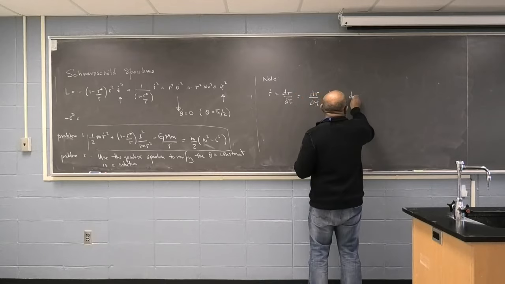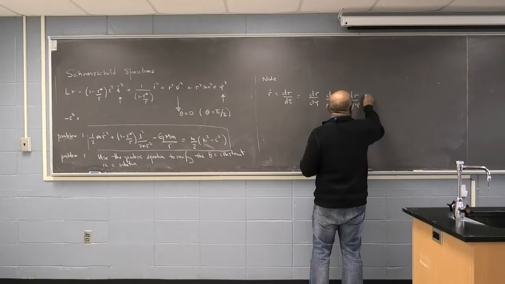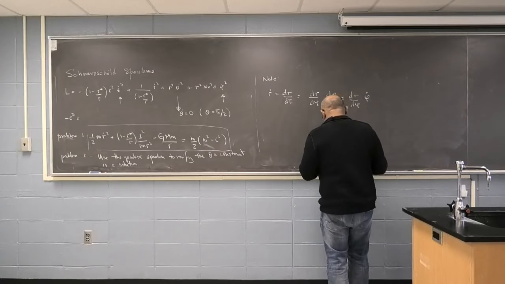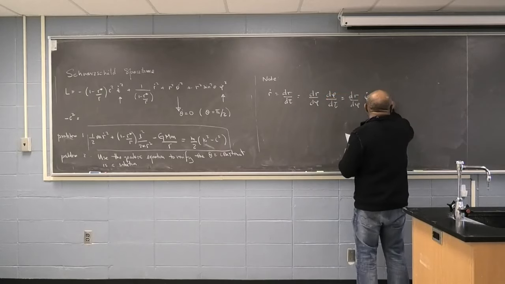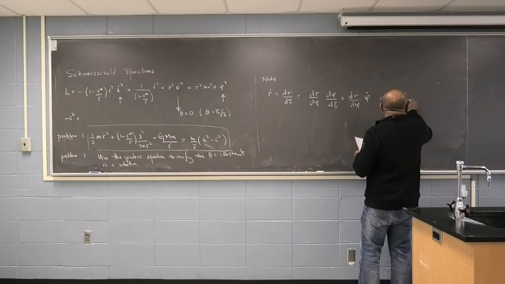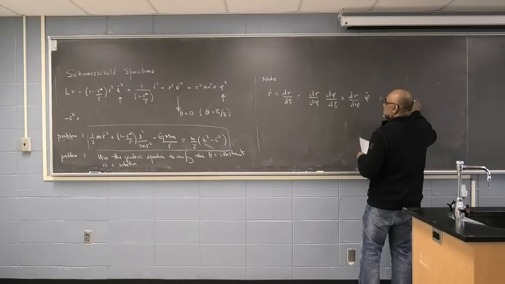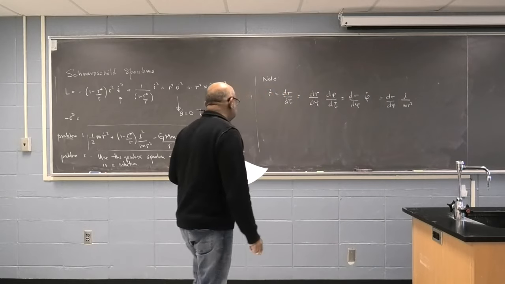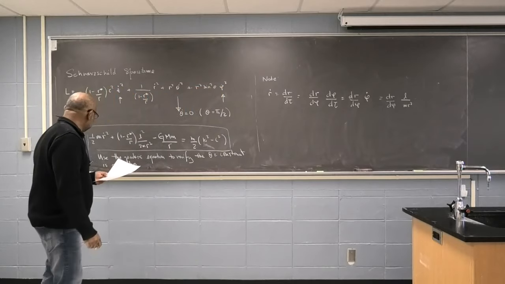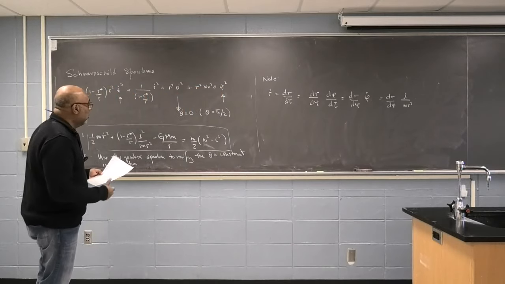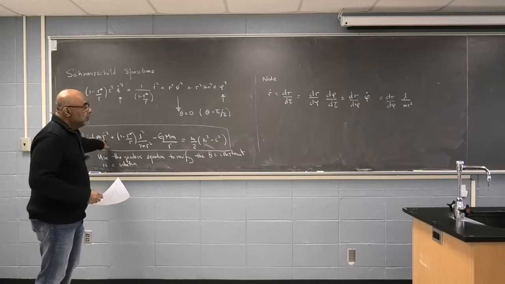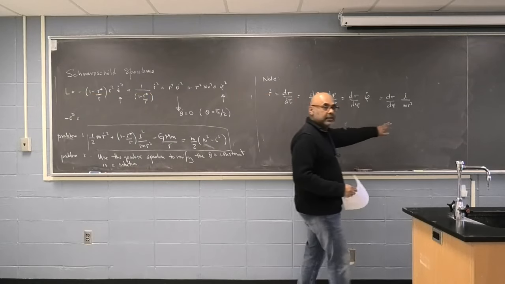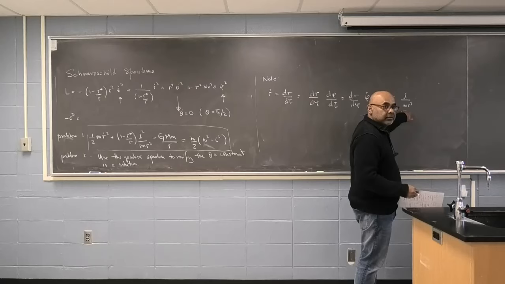Well, that is dr d phi times phi dot, and I can write that as dr d phi L over m r squared. So r dot can be written as this.